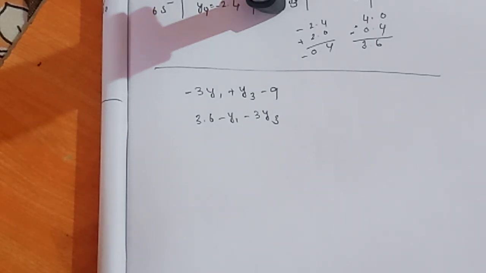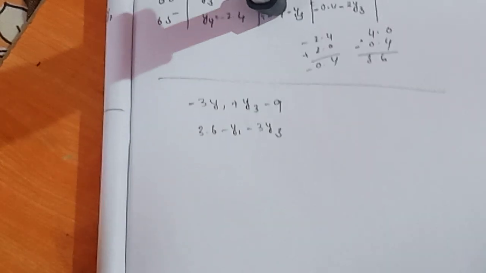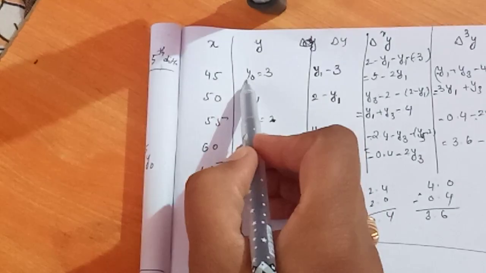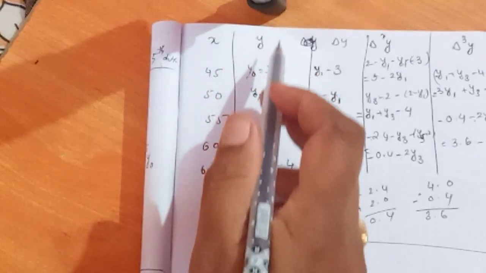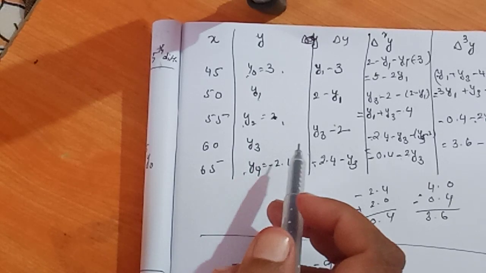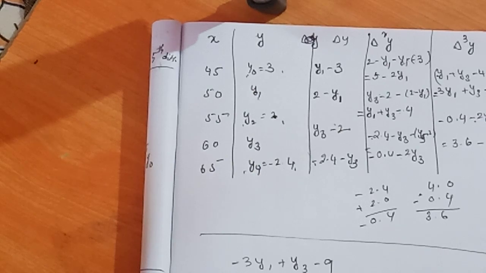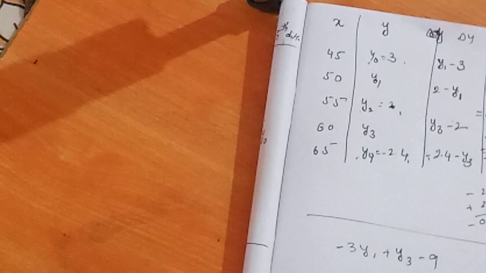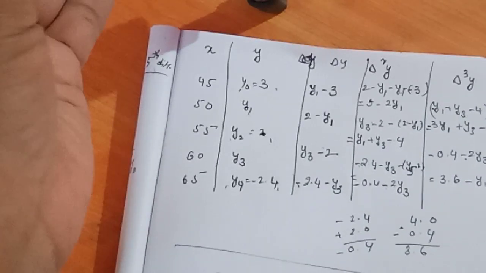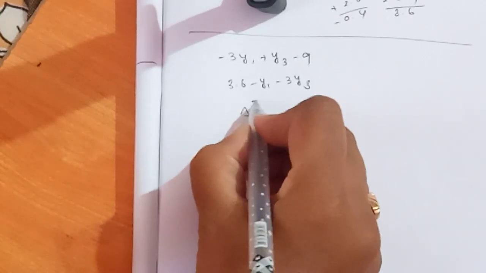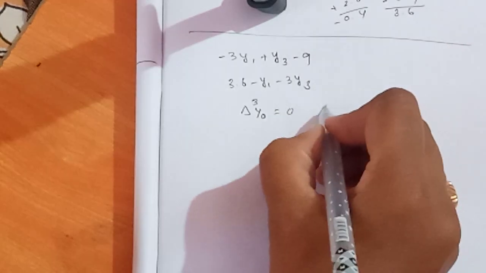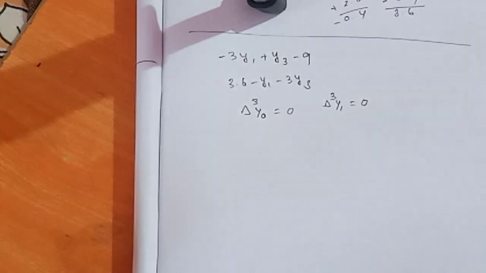As here all entries are given as y0, y2 and y4, y can be represented as a second degree polynomial, no? So now here entries you see y0, y2, y4 only he gave. So we can say it is a second degree polynomial, and for second degree polynomial we can write delta cube y0 equal to 0, delta cube y1 equal to 0.